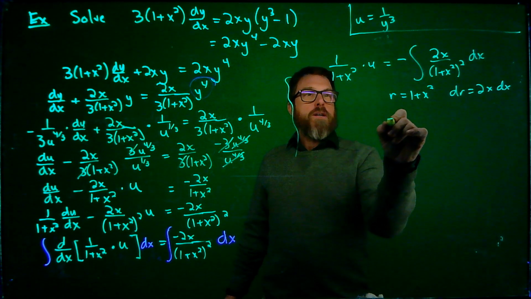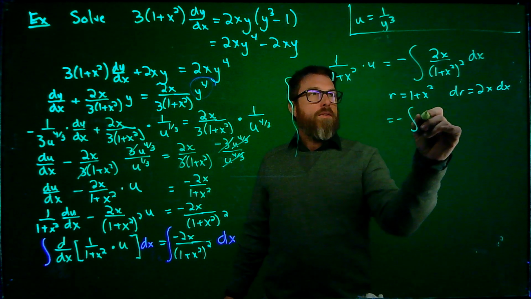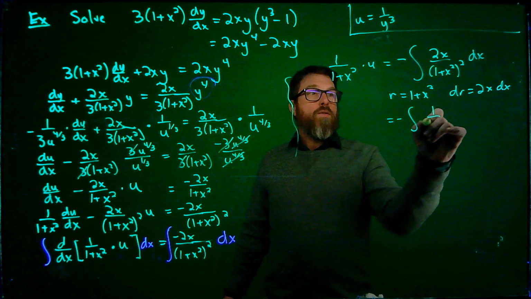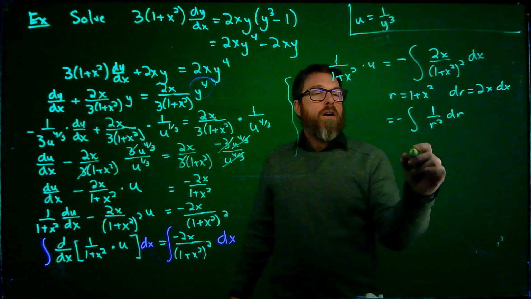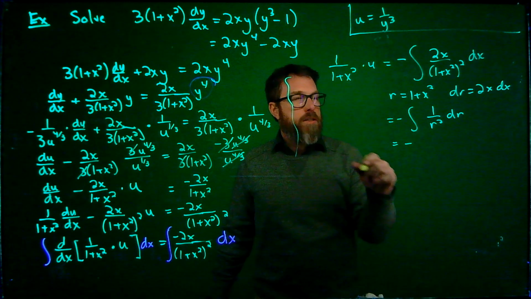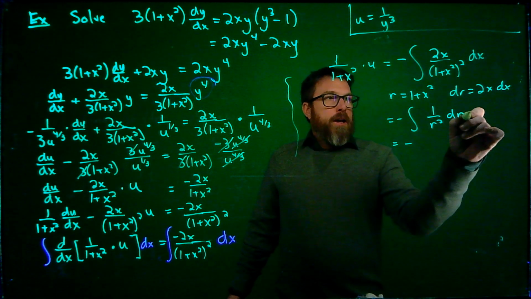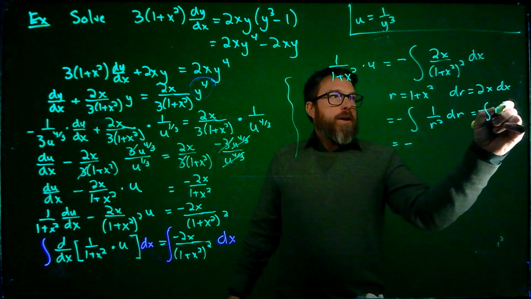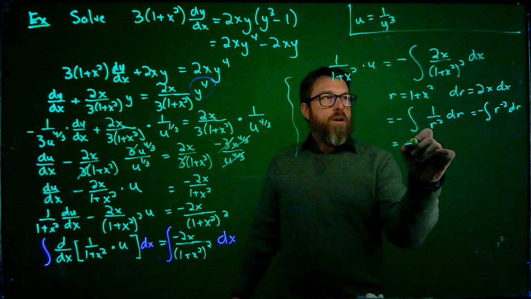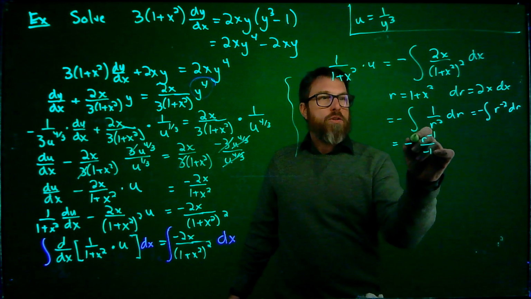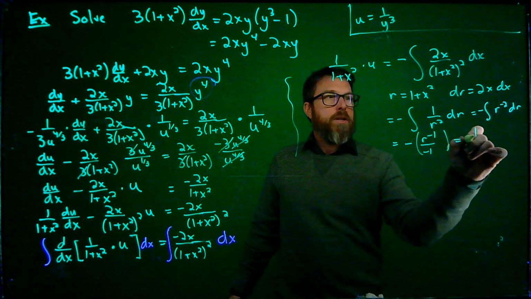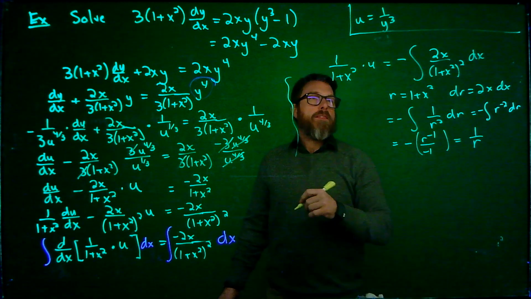So this thing becomes minus the integral of 1 over r squared dr. So this is going to be minus the integral of r to the minus 2 dr. So this is minus r to the minus 1 over minus 1, which is just going to become 1 over r.